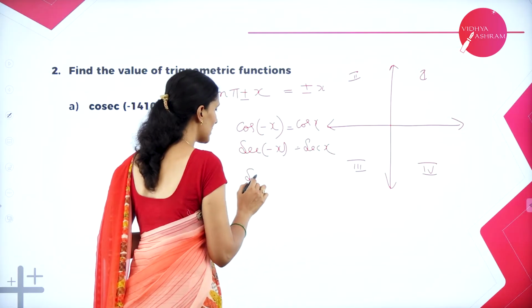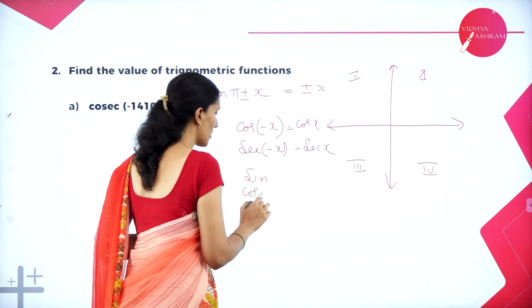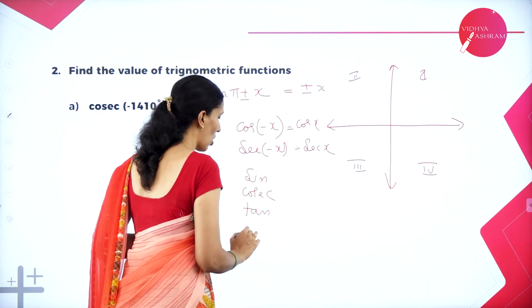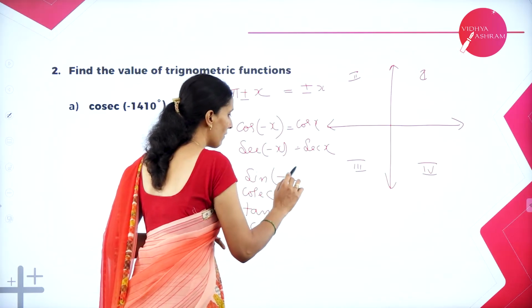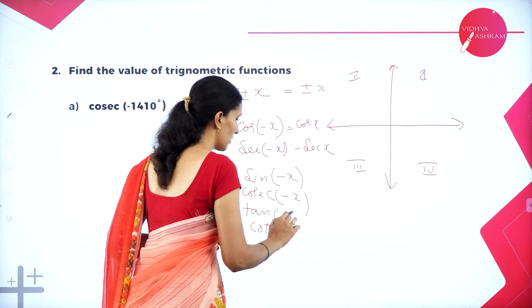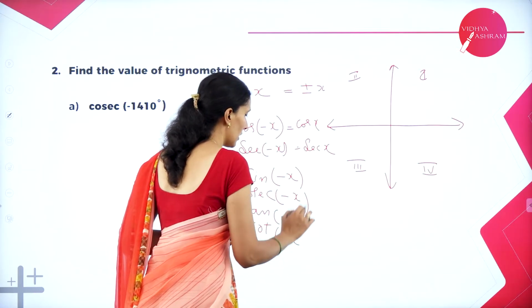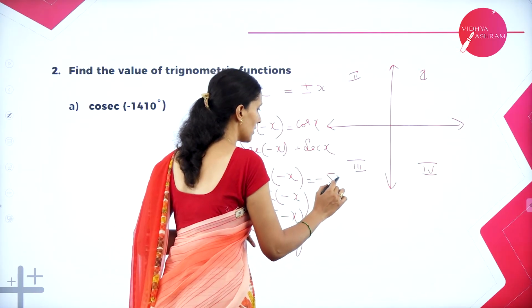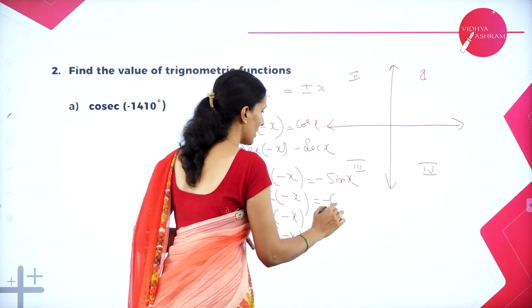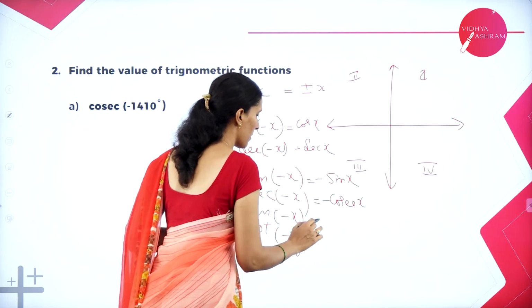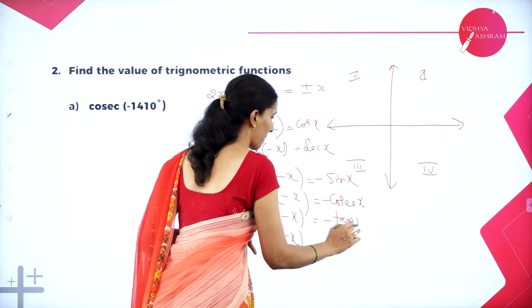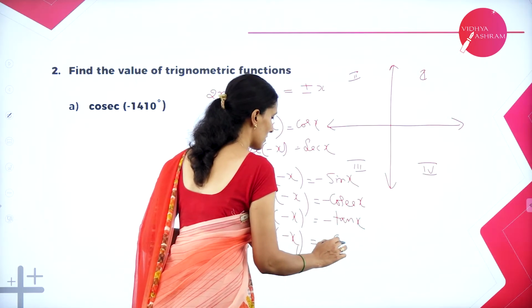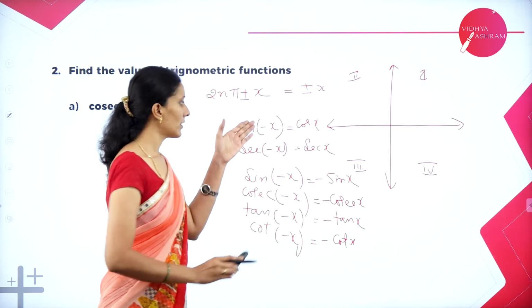And for sine, cosecant, tan and cot, if you have a negative angle, then the function itself is negative. That is minus sin x, minus cosec x, minus tan x, minus cot x. Why do we get this as positive for cos?